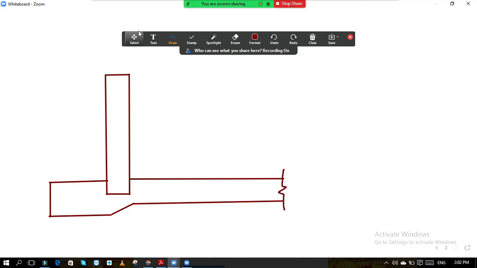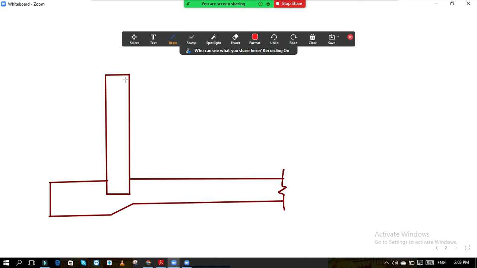Now we will provide the reinforcement inside this. While providing the reinforcement, first on both the faces we have provided 10 mm bars about 320 center to center, and for the base slab also we have provided 10 mm bars about 250 center to center.